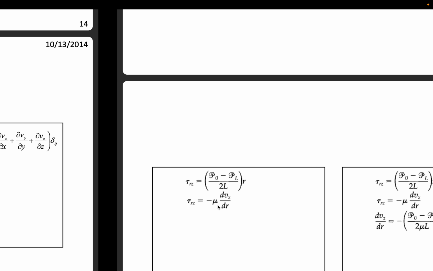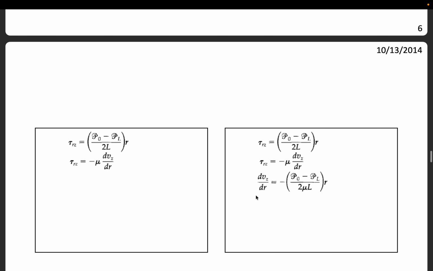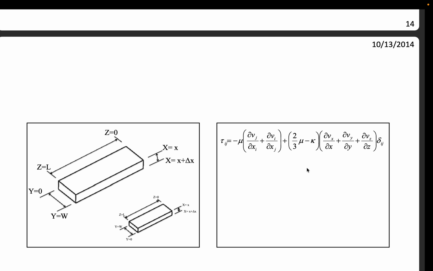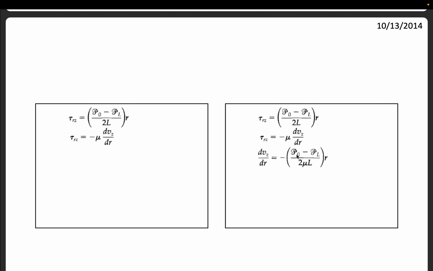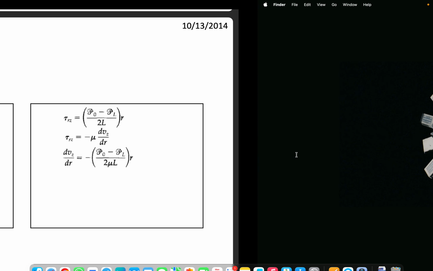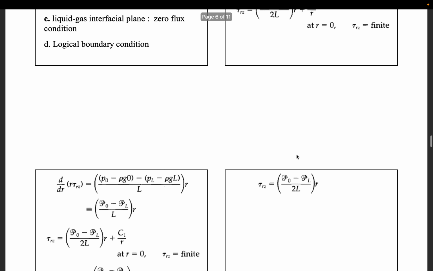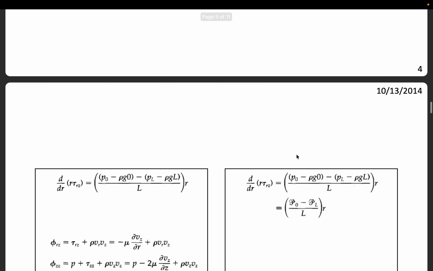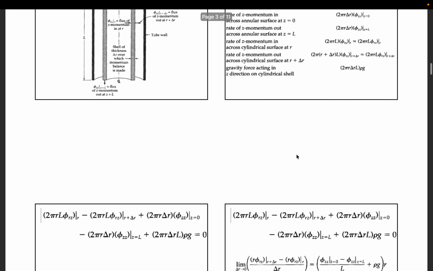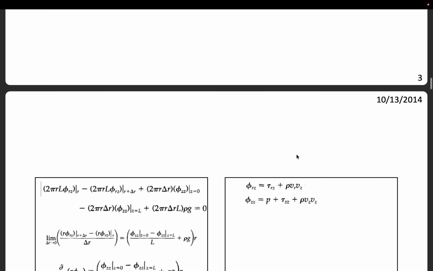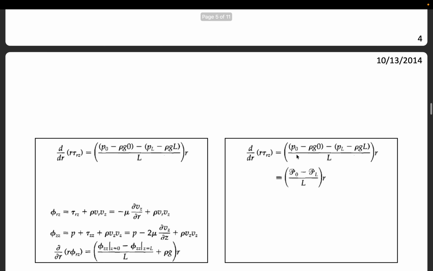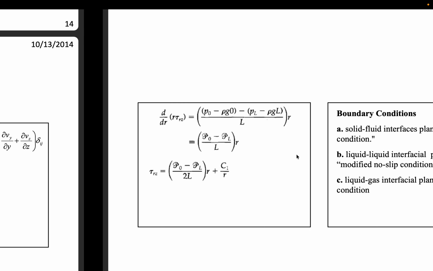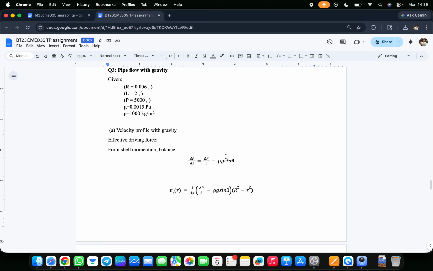Here you can see that our z is this, del here is del p by l minus. So this is the same here.